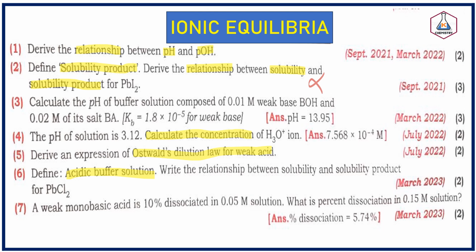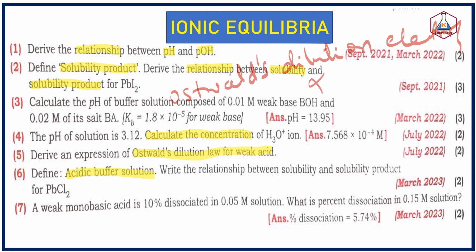Ostwald dilution law for weak electrolytes. This derivation is very important in this chapter. Friends, this is applicable to either a weak acid or a weak base, that is, weak electrolytes.